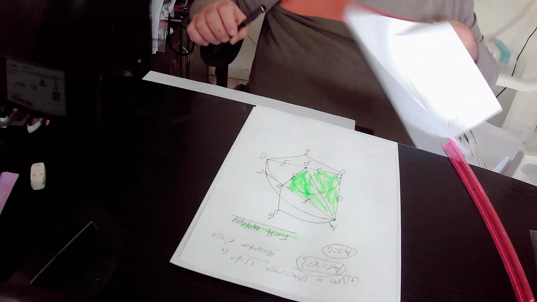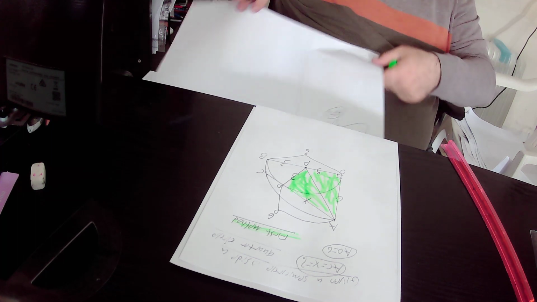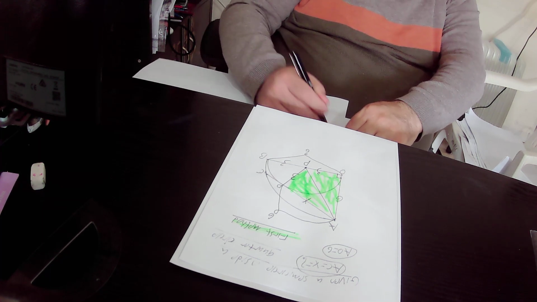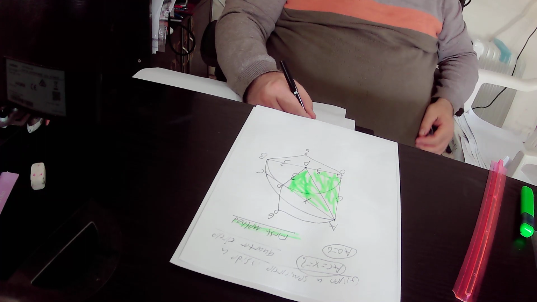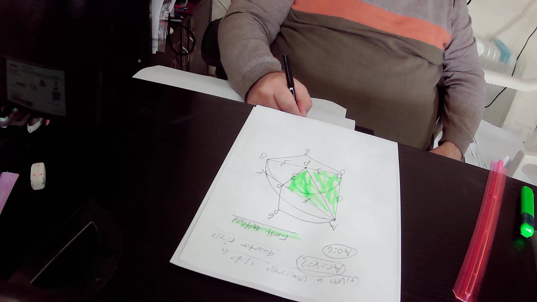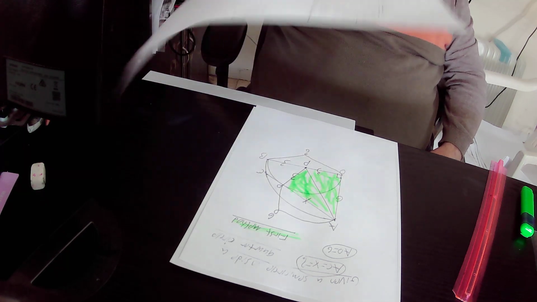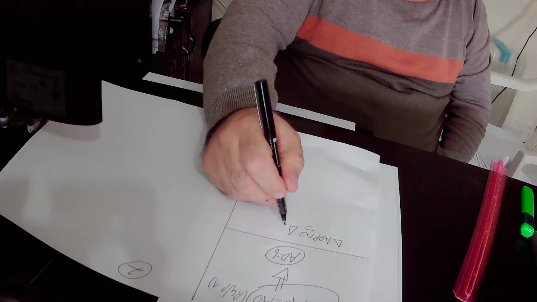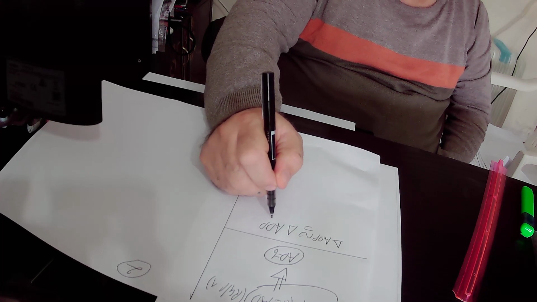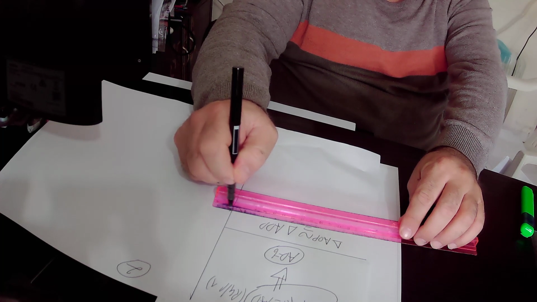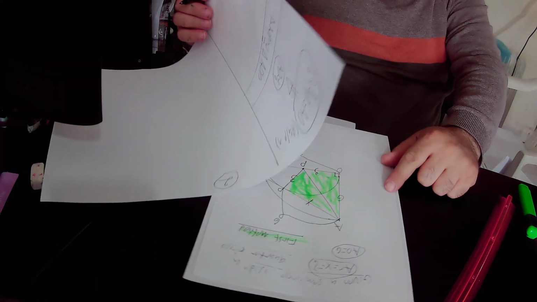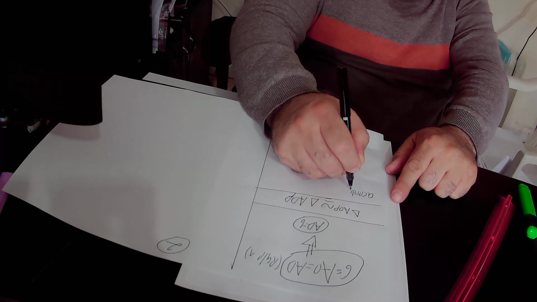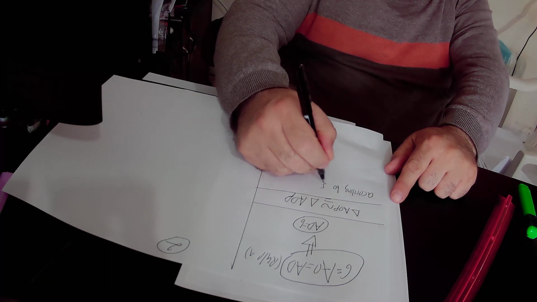Triangle AOP, this is the sign of congruent, to triangle ADP, and they are congruent to each other according to the side rule.